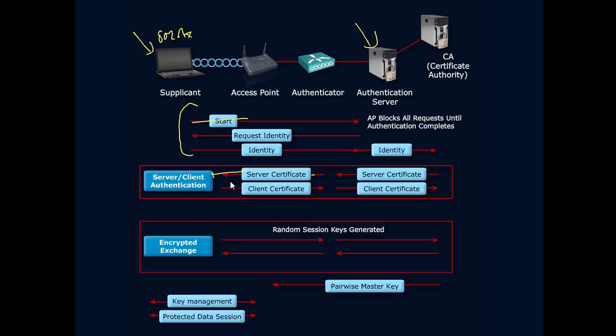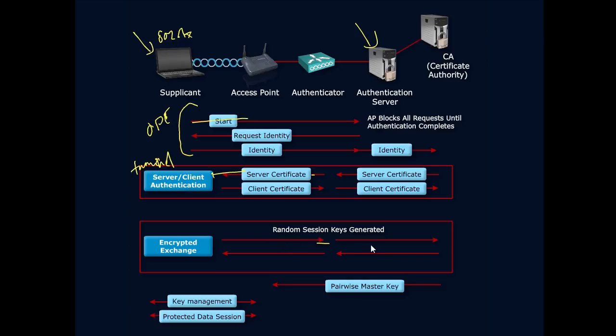So once we've done that, see this is open. Once that open is done, then we have a tunnel, a secure tunnel that we can transmit data in. That's when we exchange our public keys to each other. That's when we have an encrypted exchange. Now, this encrypted exchange gives us our random session keys.